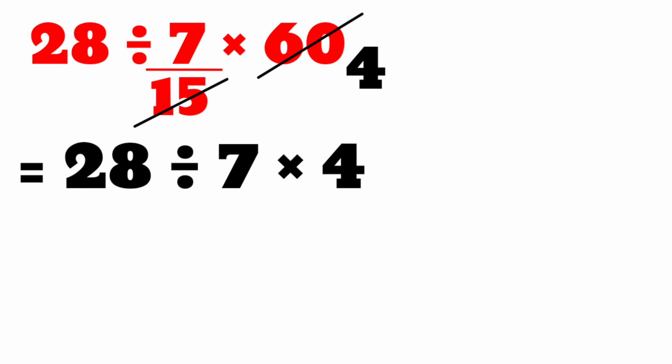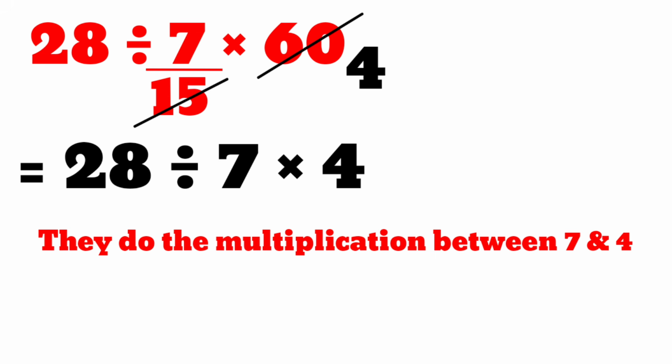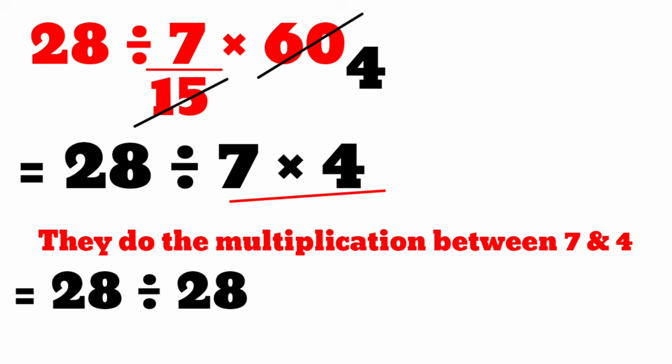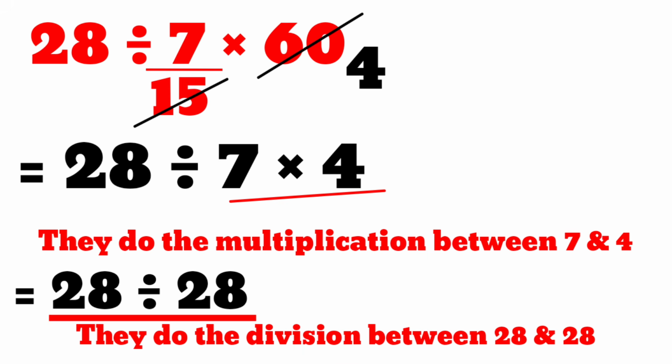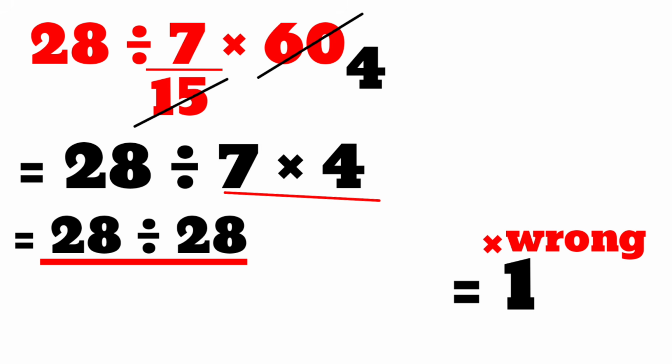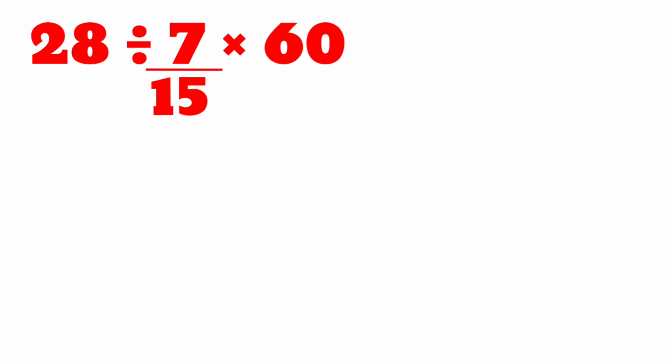They think multiplication has a higher priority than division, so they do the multiplication between 7 and 4. 7 and 4 multiplied, we get answer 28. They do the division between 28 and 28. After division, we get answer 1. 1 is the wrong answer.